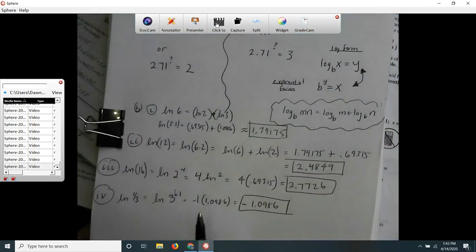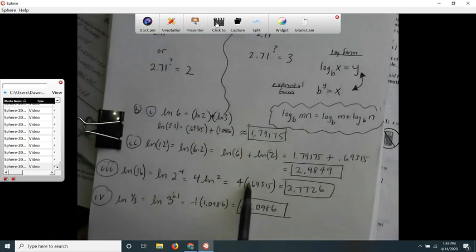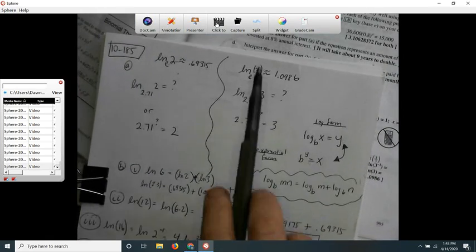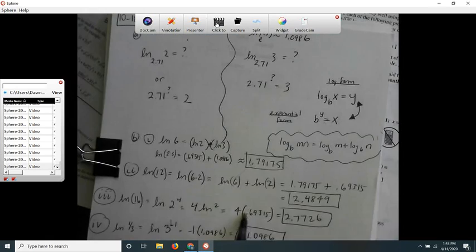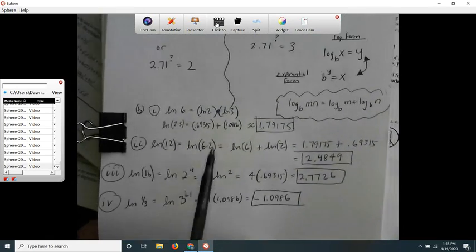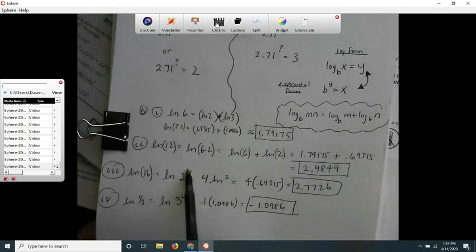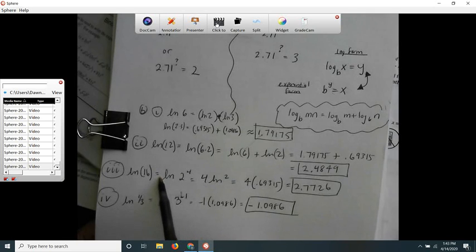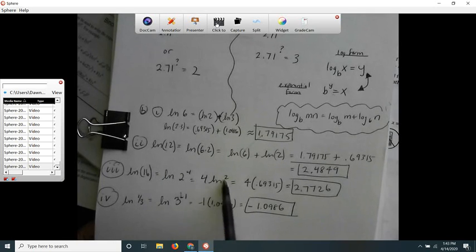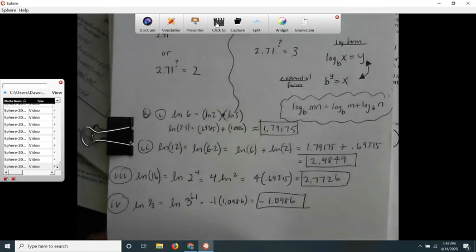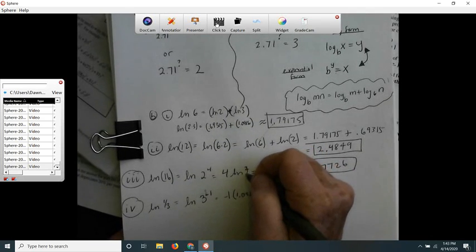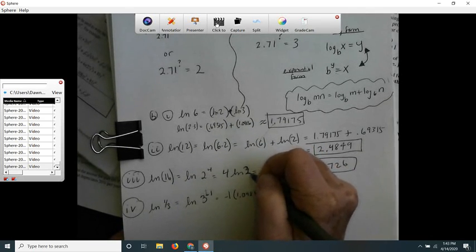So I would just multiply ln 2 by 4. And that actually works. And there's also a property of logarithms that says this comes around out front. Oh, and that's not supposed to be up in the air. It's supposed to be just ln 2.